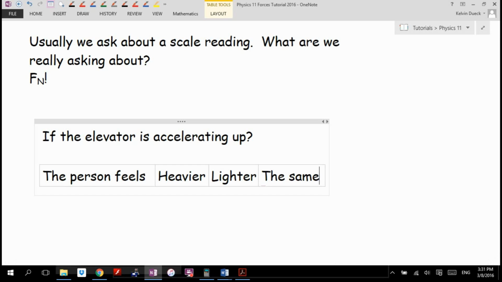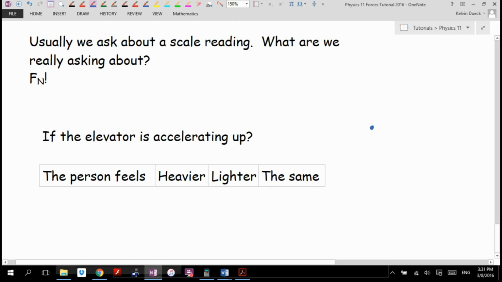Because once you manipulate the equation, it's mg plus ma. So what are the forces acting on this person? Get the obvious one. What else? Bigger, smaller, or the same size as mg? Going upwards, I got to be fussy. If we're accelerating up, bigger. What's my equation? Fn minus mg.